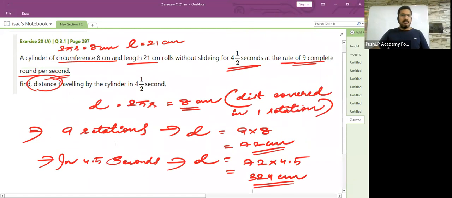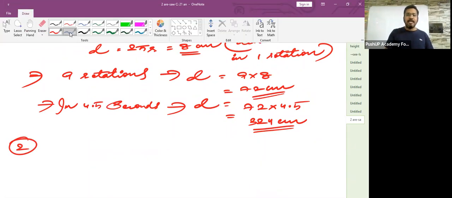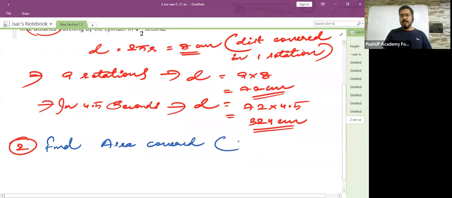I'll tell you. There was a second part to this question, finding the area. Children, the second part of this question is: find the area covered by the cylinder in 4.5 seconds. Let me see how many of you can do this.